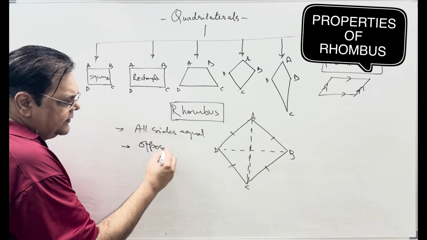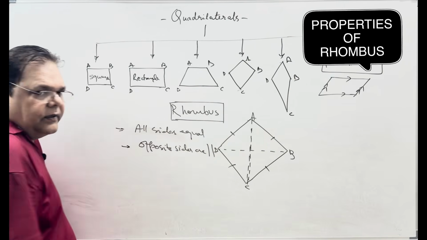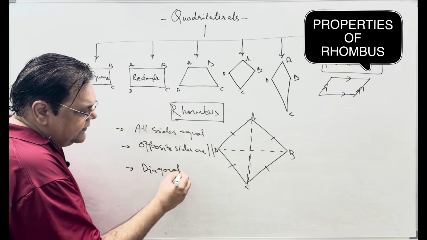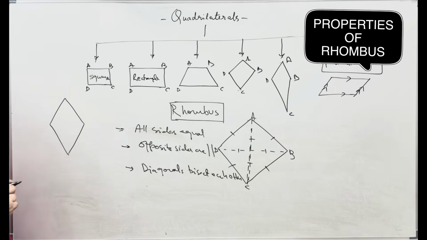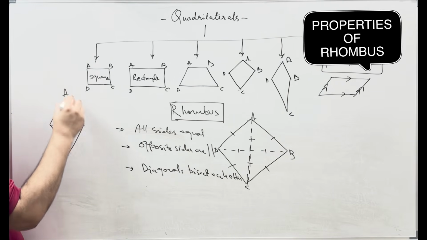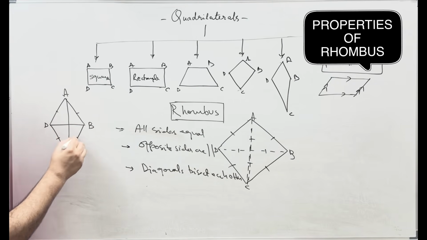Opposite sides are parallel. Diagonals bisect each other. Rhombus. You join these two. All the sides are equal.